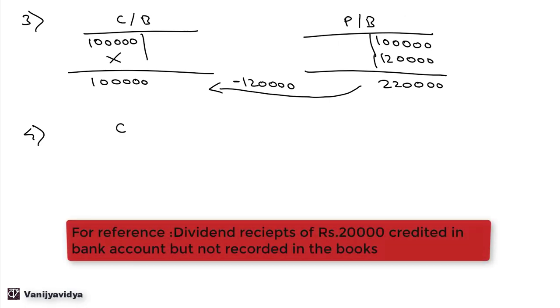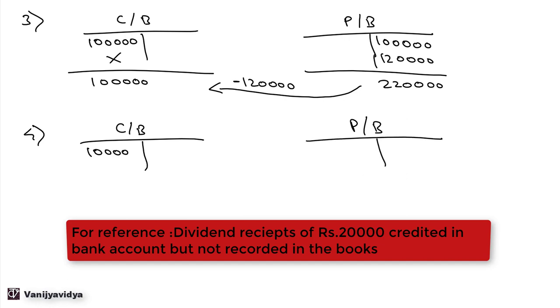Cash book and passbook. 1 lakh debit balance in cash book, 1 lakh credit balance as per passbook. Now a dividend of 20,000 is received and credited in the bank statement. So 20,000 on the credit side of passbook, no entry in the cash book.